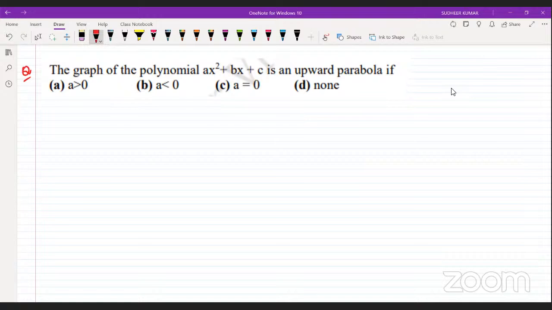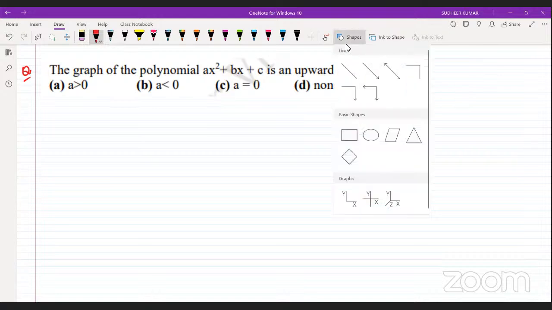Here there are two conditions only, most probably we'll use in our level. If a is positive, the parabola opens upwards. If a is negative, the parabola opens downwards.